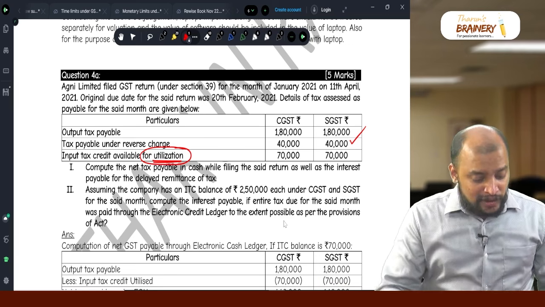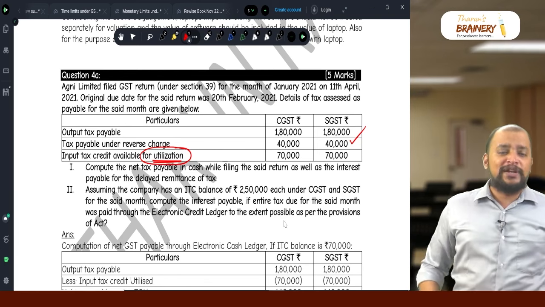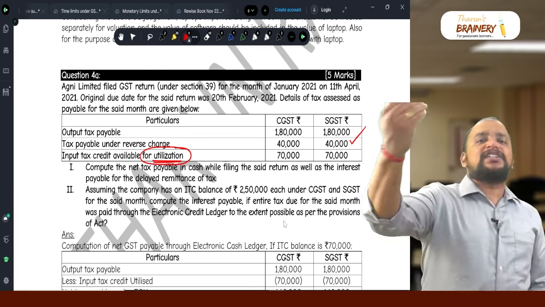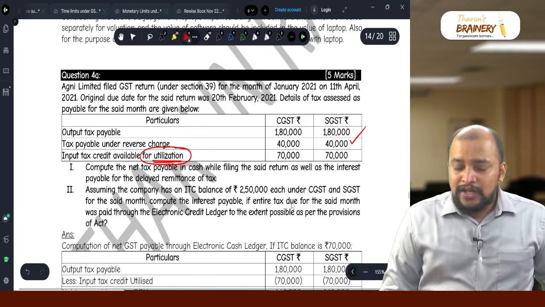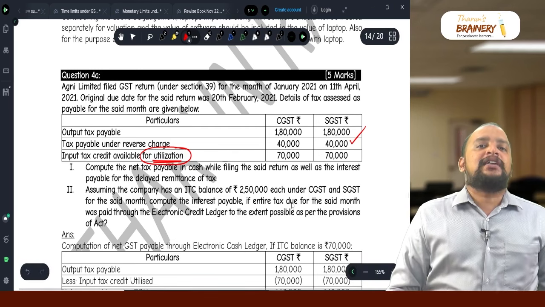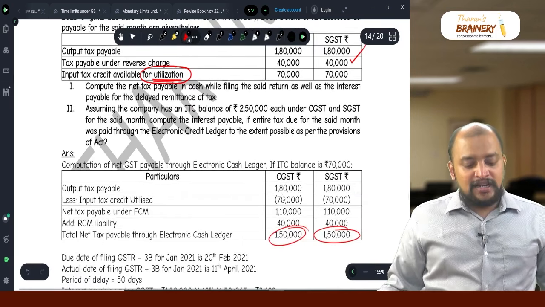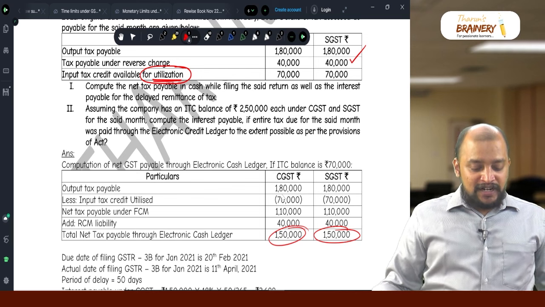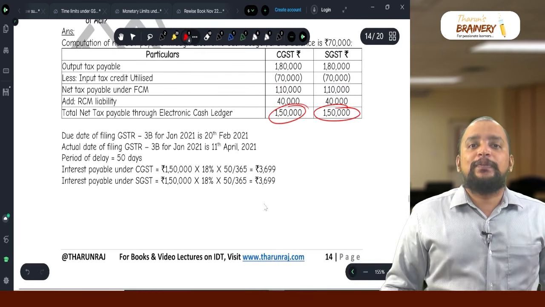Even if the student has taken that the 70,000 excludes the 40,000, then the ITC will be 70 plus 40, which is 1,10,000. So 1,80,000 minus 1,10,000 is 70,000, plus the tax payable under RCM of 40,000, so 1,10,000. On 1,10,000 the interest will be computed.